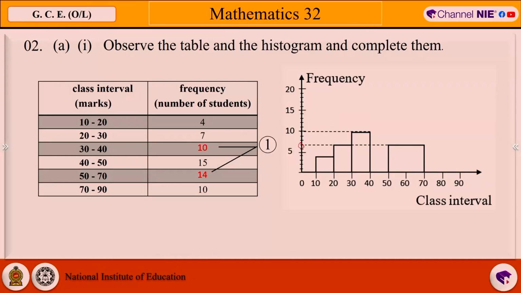Then by looking at the table, you can complete the histogram. We will see how to do that. Now, clearly observe this, and you will get that you have to draw 15 as the frequency for the class interval 40 to 50. So, you have to find where 15 is, and you can draw the column for that class interval. Next, you are given the frequency for the 70 to 90 class interval as 10.